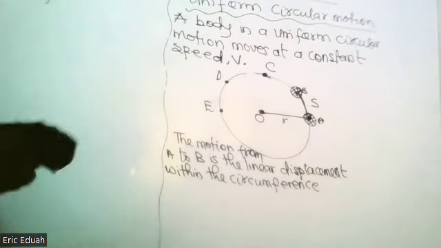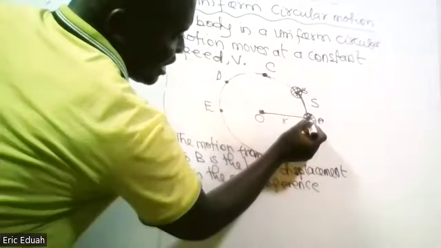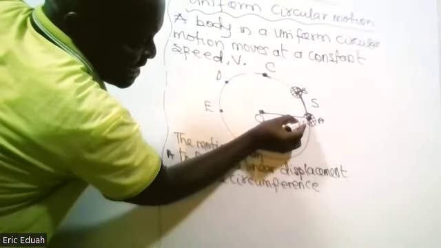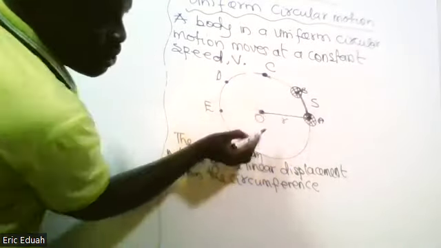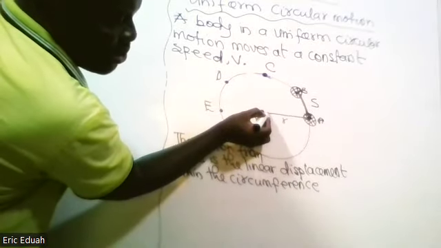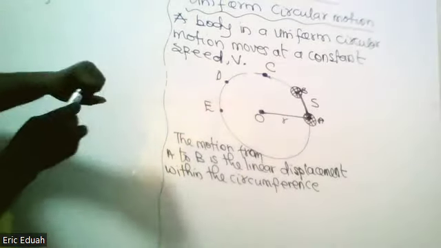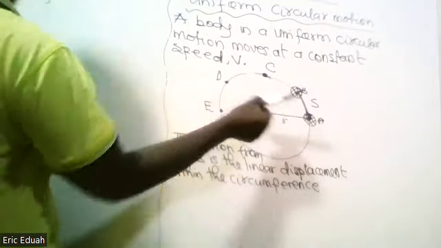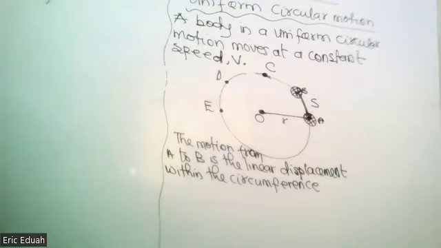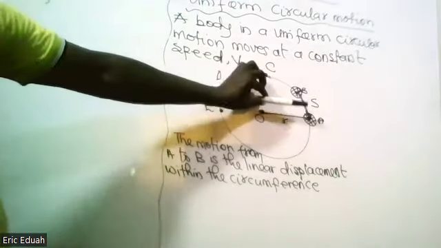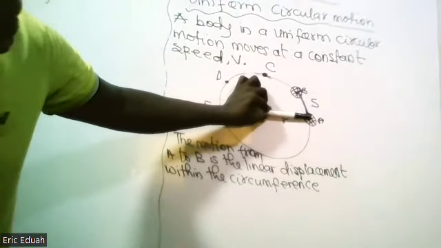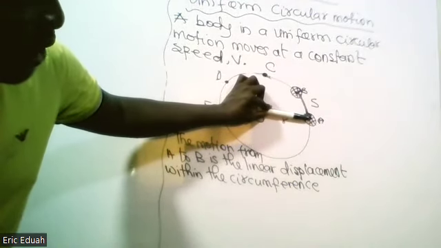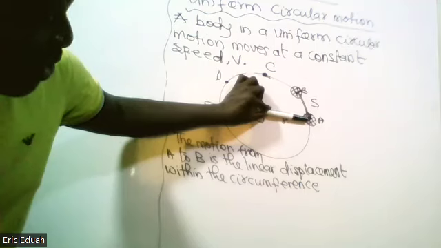And this is what I mean. To move from A to B, we can connect this distance also to a certain angle which is swept by the radius. Imagine the marker is the radius of the circle. To move from A to B, it's as if the radius is sweeping a certain angle at the center.